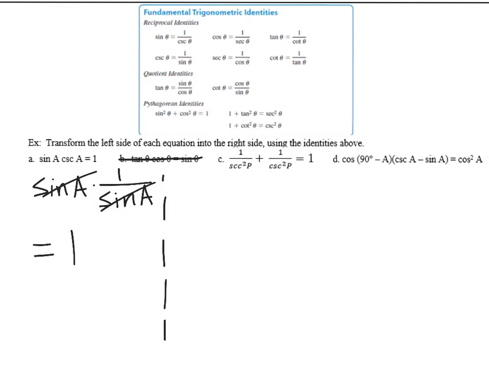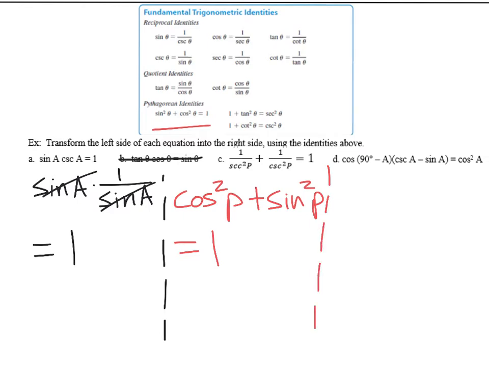So 1 over secant squared, we can say that's cosine squared. 1 over cosecant squared, we can call that sine squared. Looks just like our Pythagorean identity, cosine squared plus sine squared. Yes, indeed. That is 1.